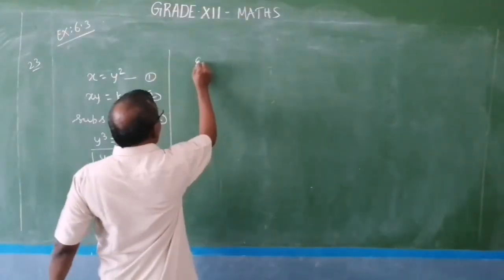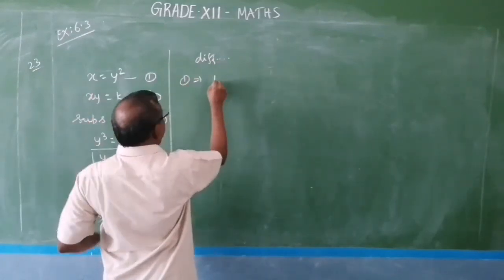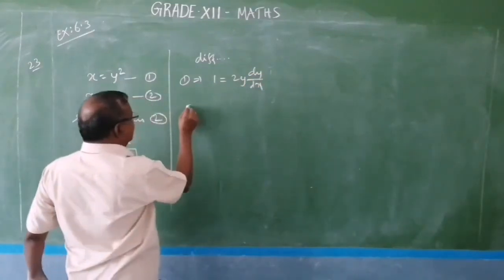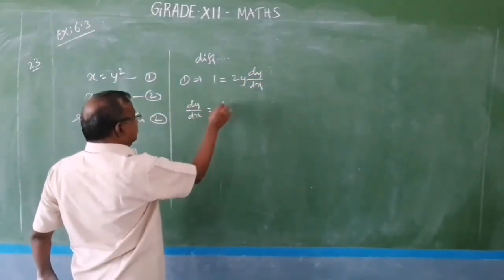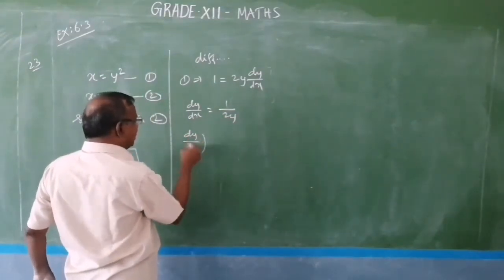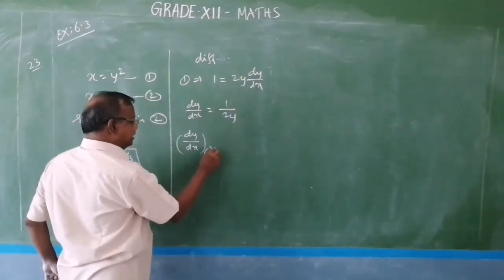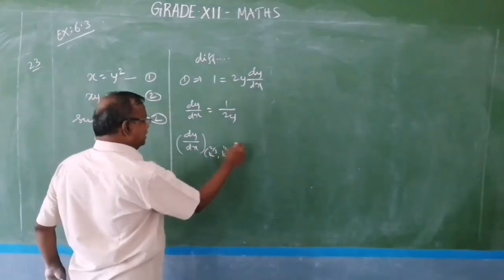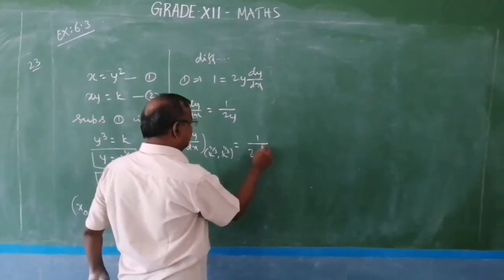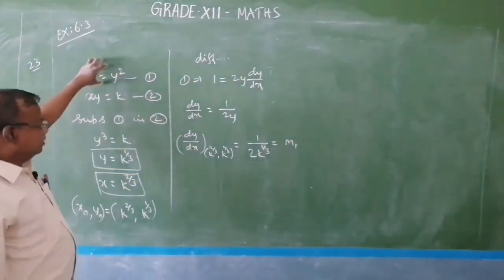Now differentiating the first equation, we have 1 equal to 2y dy/dx, that means dy/dx equal to 1 by 2y. Now dy/dx at the point of contact (k^(2/3), k^(1/3)) equals 1 by 2 into k^(1/3). This is m1, the slope of the tangent to the first curve.